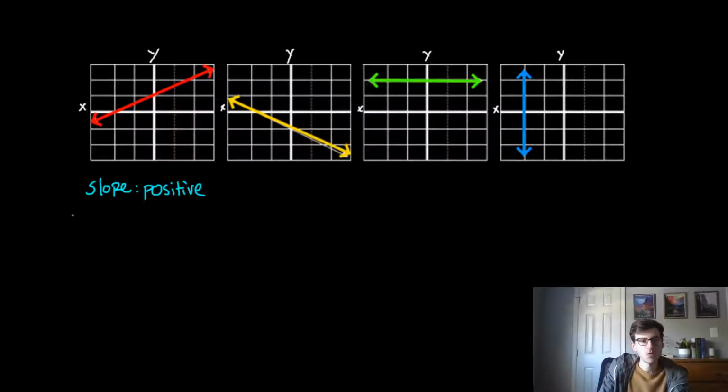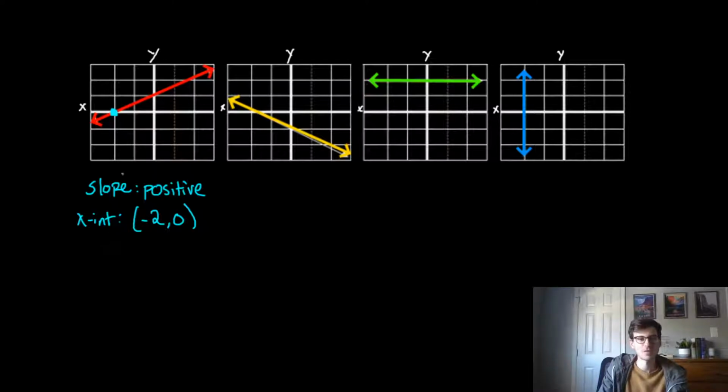Okay, now let's look at what's the x-intercept and y-intercept. The x-intercept is where the graph crosses the x-axis, where y equals 0. So we can see that the x-intercept is at -2. So that's -2, comma 0.